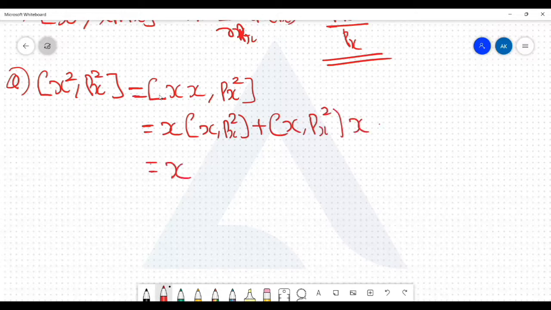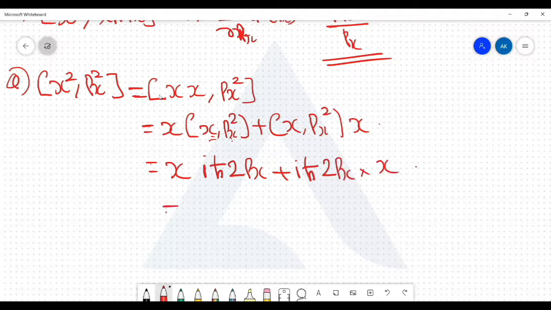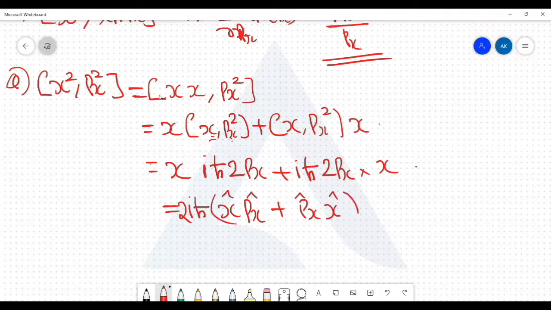So you have x into x px² will be iħ 2px, right? Plus here also iħ 2px into x. So you have iħ 2px, that is iħ times x px plus px x. Since they are operators, you cannot write 2 times x px. The order is very important. So the answer should be this. You should not write 2 times x px.